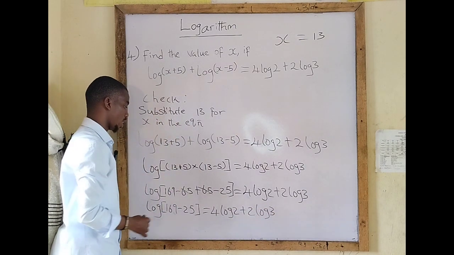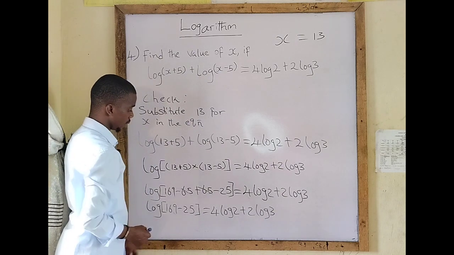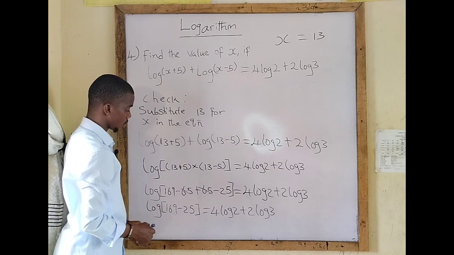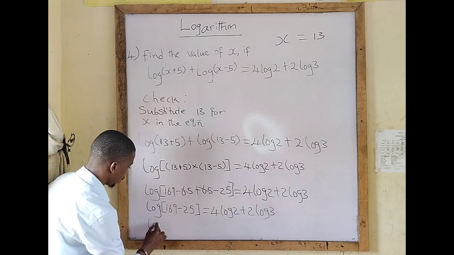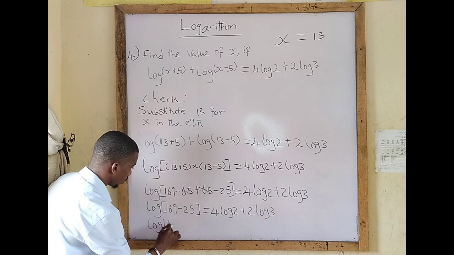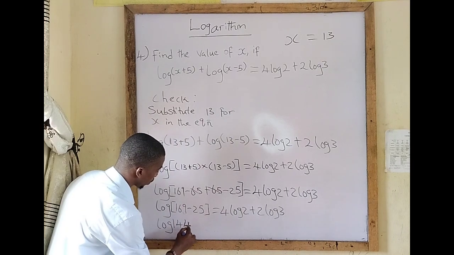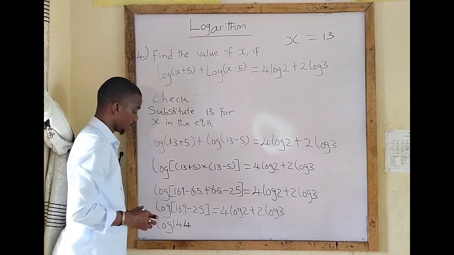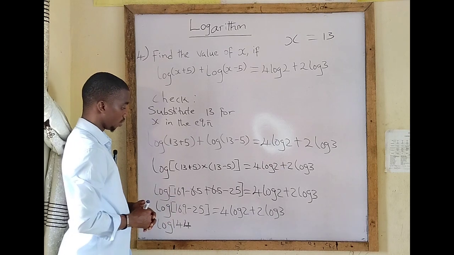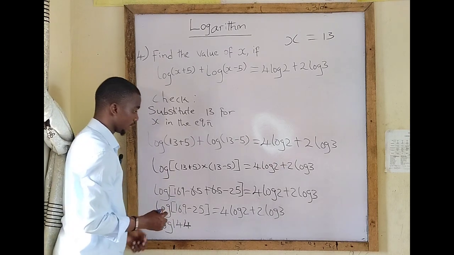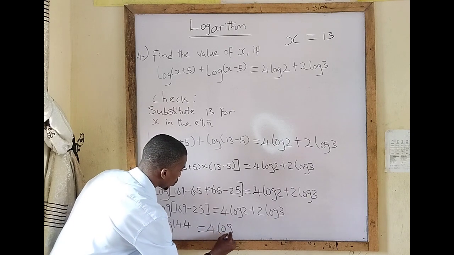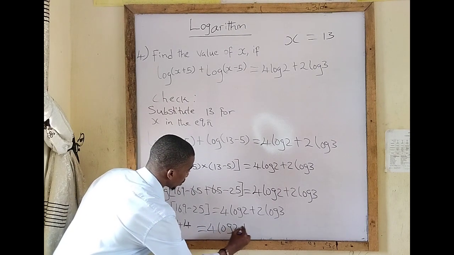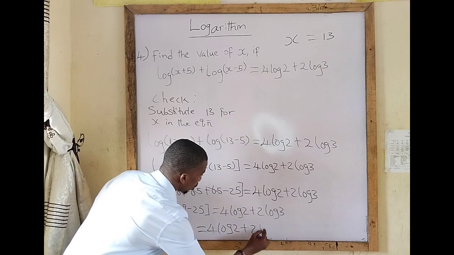Okay, so that 169 minus 25 will give log 144. Okay, we have log 144. And this is equal to 4 log 2 plus 2 log 3.